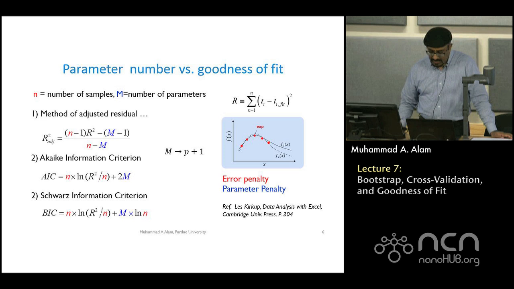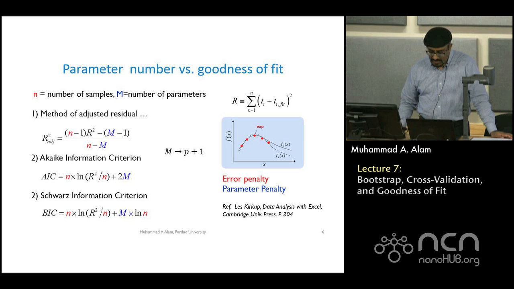But let's not get into the details of that. So you have to add 1 to account for the error. So m for a straight line would be 3, and so on and so forth.